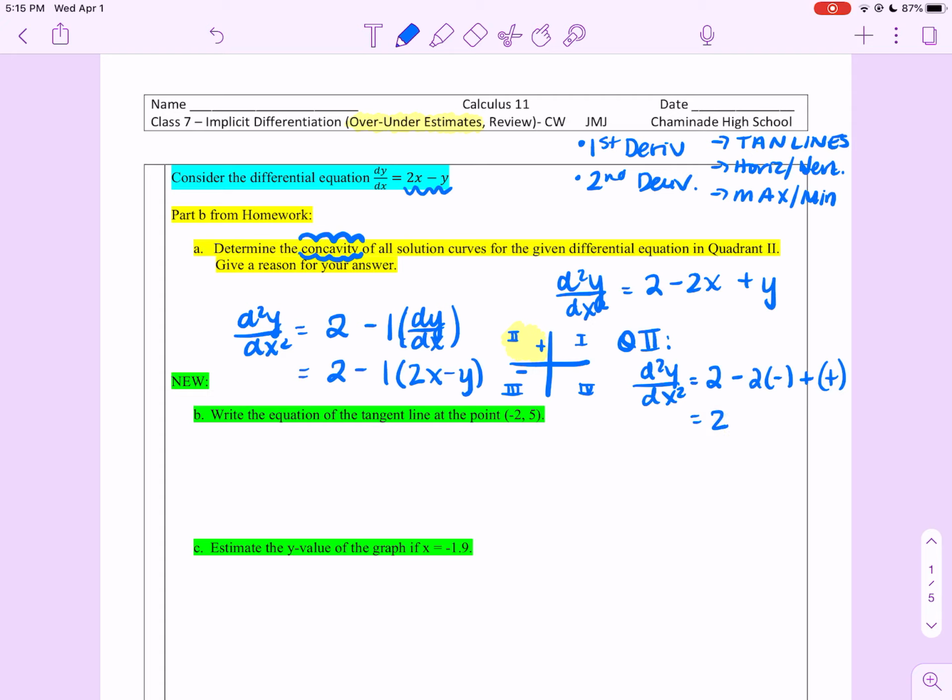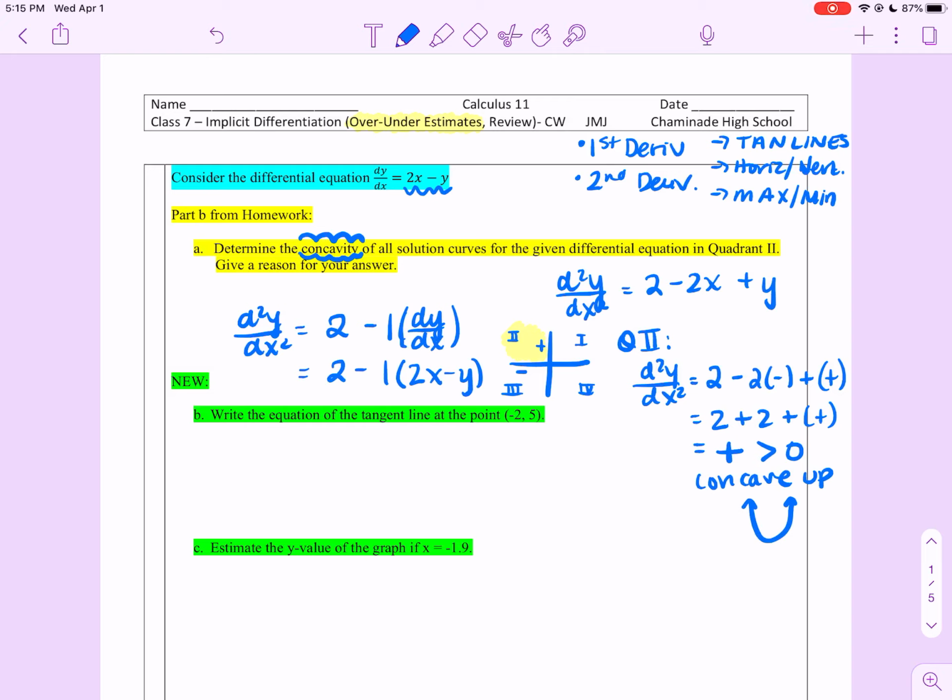We have 2 plus 2, and then plus, or some version of a positive number of 2, and then yet plus another positive. So this number here, if you're in the second quadrant, will always be positive, which is greater than 0. If your second derivative is greater than 0, that means that your graph is going to be concave up. It means it's going to look something like this.